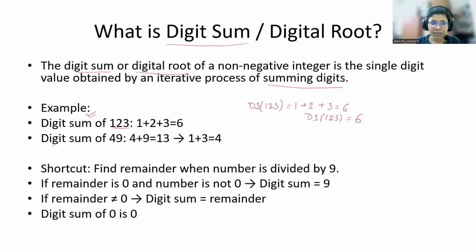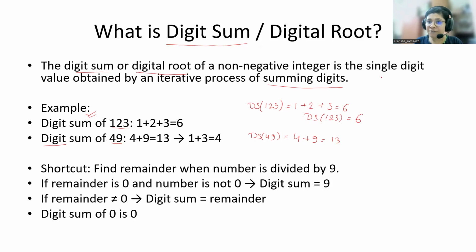The second example is digit sum of 49. Let me write it in short form. Digit sum of 49. Here, how many digits are there? Only two digits, 4 and 9. So digit sum of 49 is 4 plus 9, and 4 plus 9 is nothing but 13. But here, again, you have two digits in the number, right?